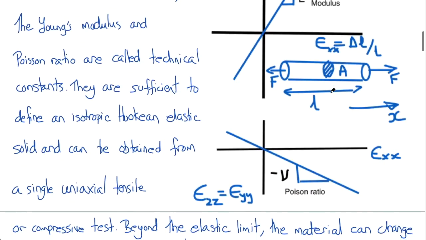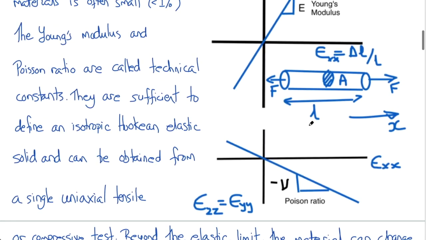Another experiment that can be done in a linearly elastic material is to measure the ratio of the transverse strain components, for example EZZ or EYY in this direction, in proportion to strain in the longitudinal or loaded direction, in this case EXX.